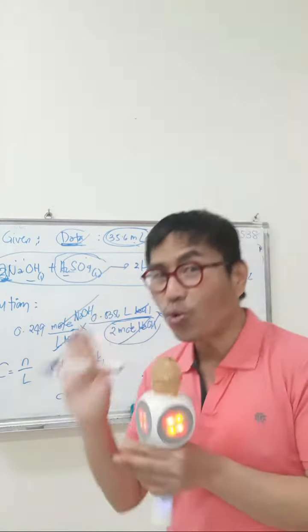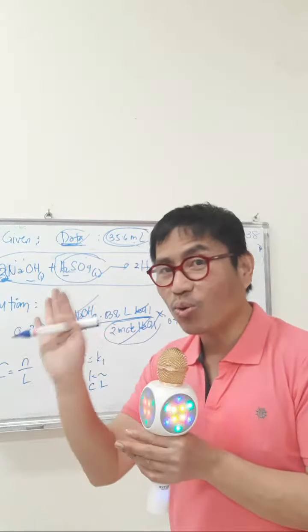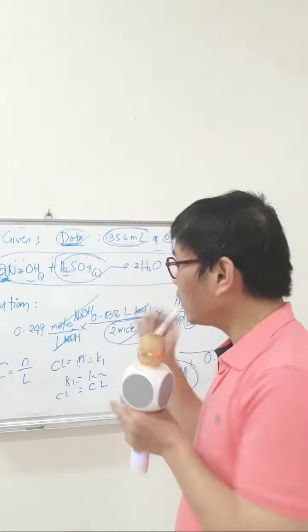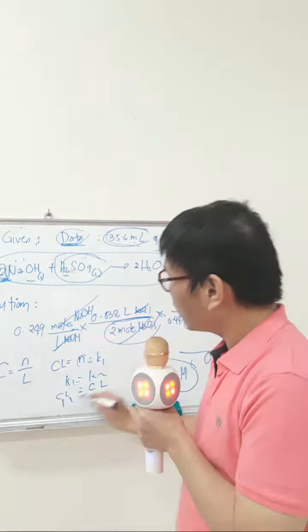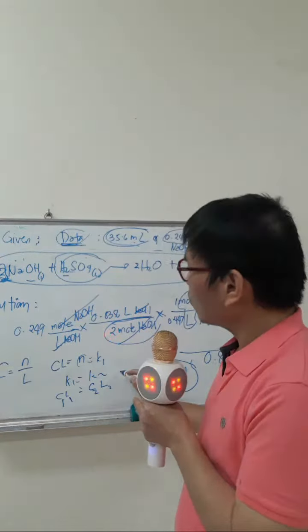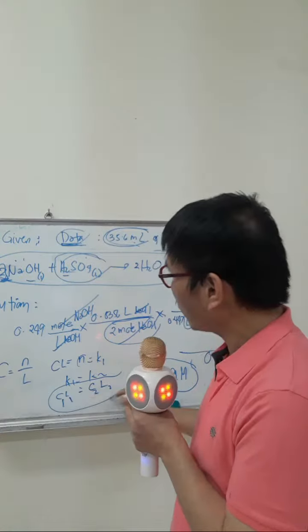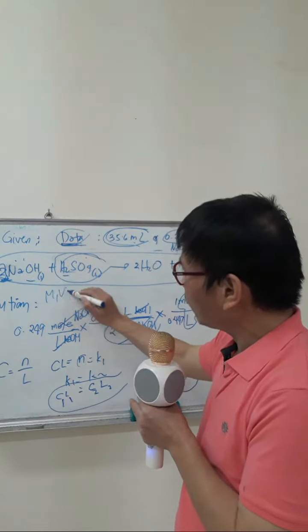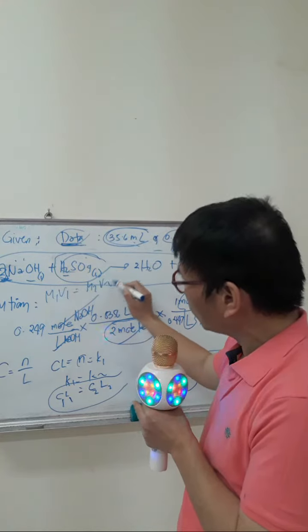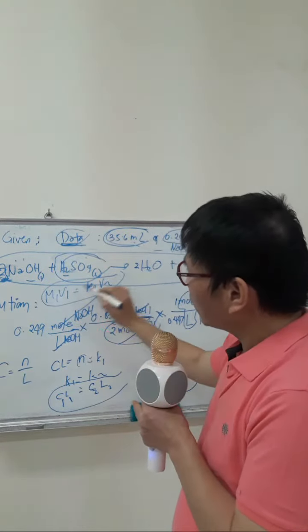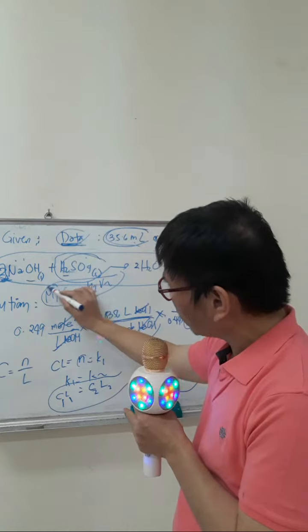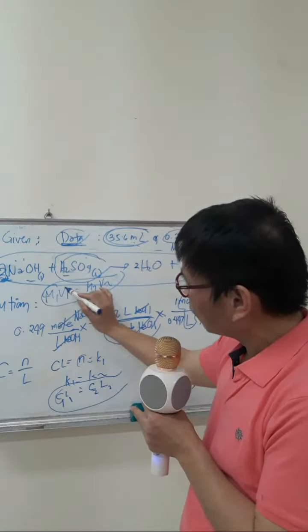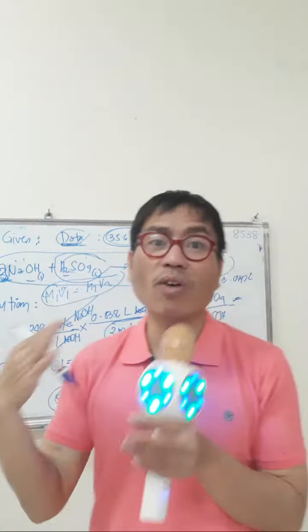We denote 1 and 2 as initial and final: C1 L1 equals C2 L2. This is how we derive the formula I described earlier, M1 V1 equals M2 V2. It only differs in the letters, because molarity is the concentration C and V is the liter. It's the same as long as you know how to derive it.